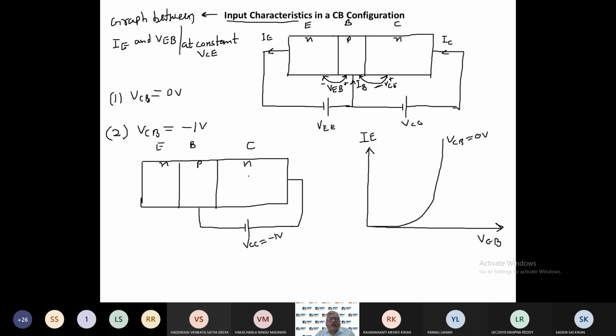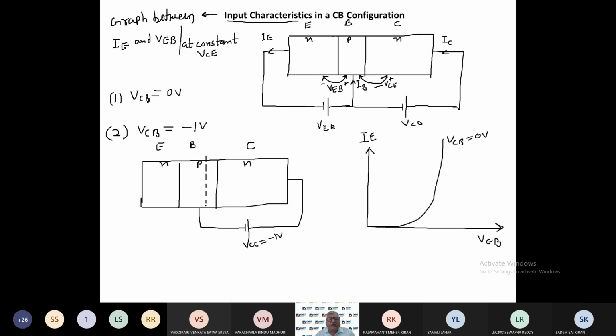Since the PN junction is reverse biased with a voltage of -1 volt, what will happen? The depletion layer will increase, right? So let us assume the depletion layer will increase.